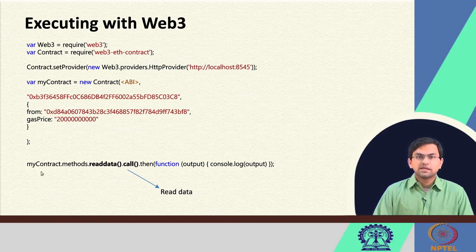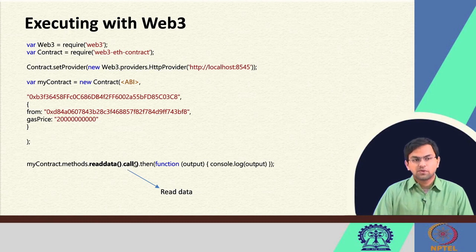To execute this contract, we need to specify which function we need to call within the contract: myContract.methods.functionName. If the function is read data, then this is a view, so for a view we would do a call.